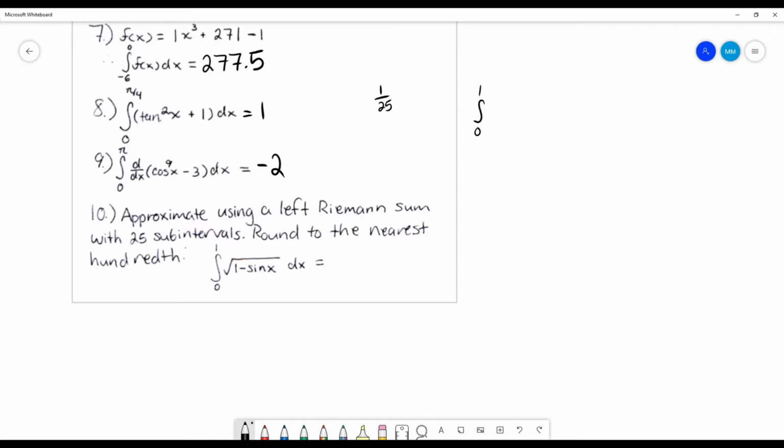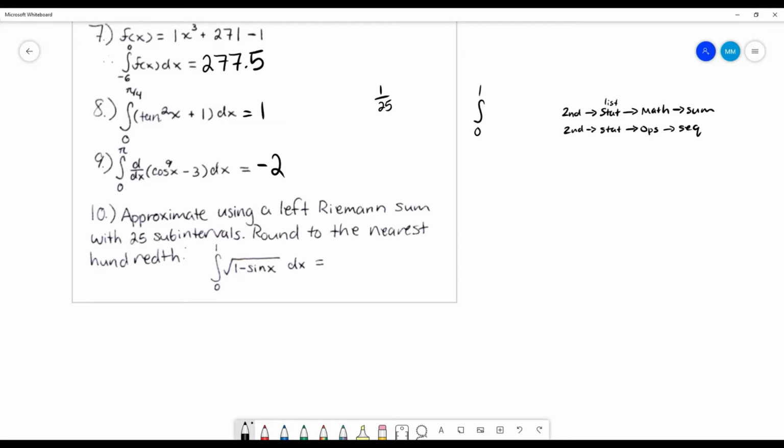So if we remember those steps on the calculator, we go to second, stat, and then math, and then sum, and then we do that again. We do second, stat, and this time ops or operations, and this time we're going to go to sequence.